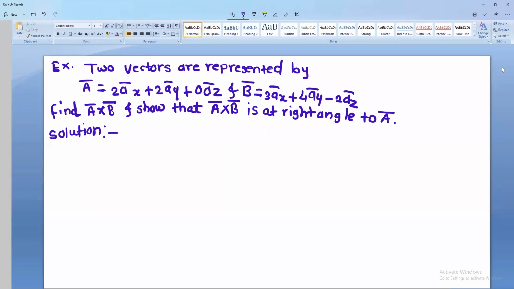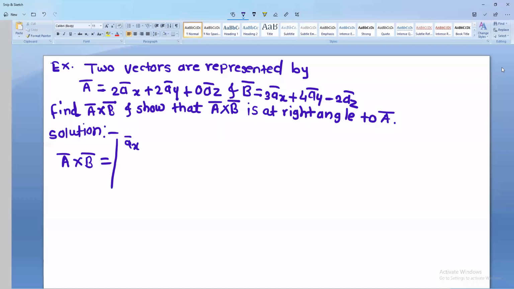Now tell me how to solve this example. I want the answer from you. Two vectors are given, a bar and b bar. First, find a bar cross b bar. So how to find a bar cross b bar? By taking the determinant.